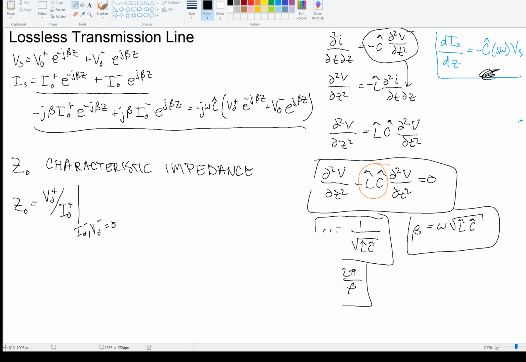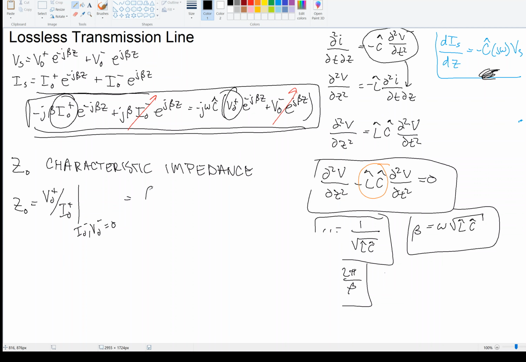So we're just ignoring I0 minus and V0 minus. If you look at this equation here, and you set I0 minus to be 0 and V0 minus to be 0, and you look at this ratio of V0 plus to I0 plus, you'll see the j's drop out, and what we get is beta over omega c hat. So convince yourself of that.